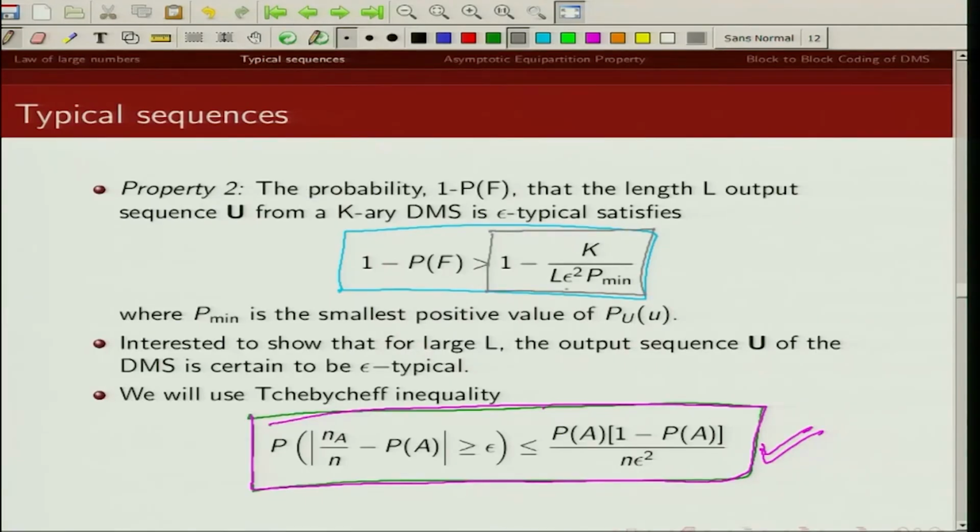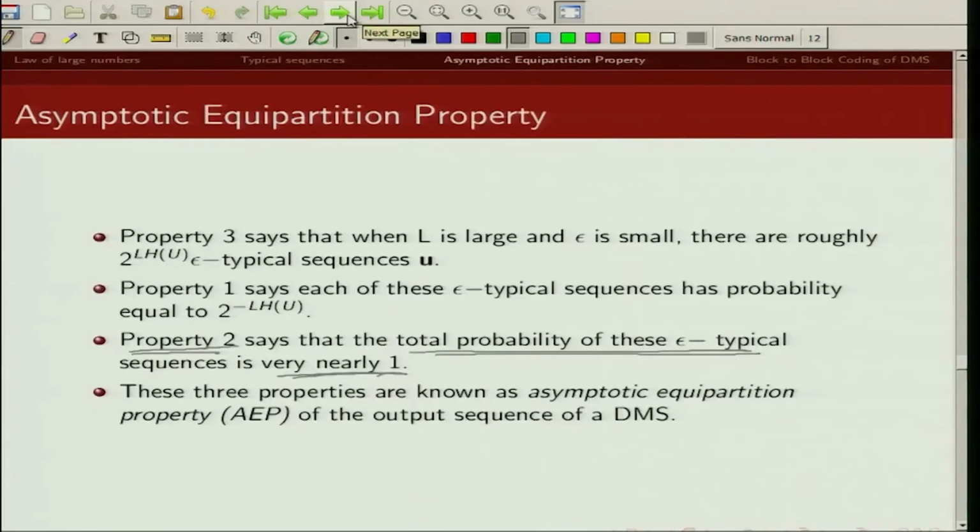Again, when epsilon is small and L is much larger than epsilon square, this term will go towards 0. So the total probability of epsilon typical sequences is nearly 1. These three properties collectively are known as the asymptotic equipartition property of this discrete memoryless source.